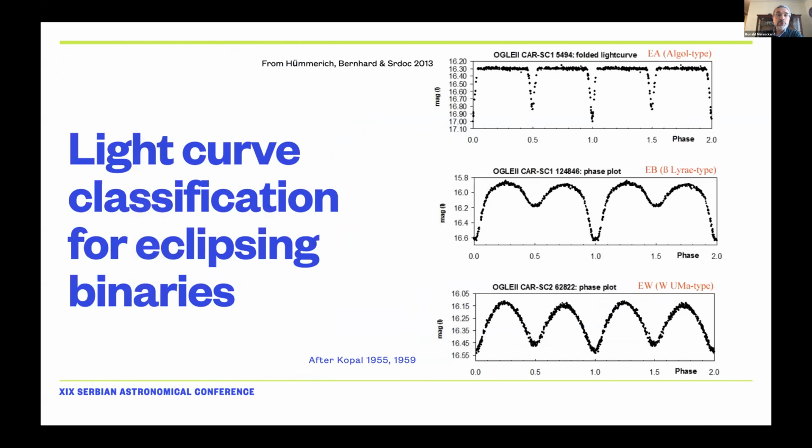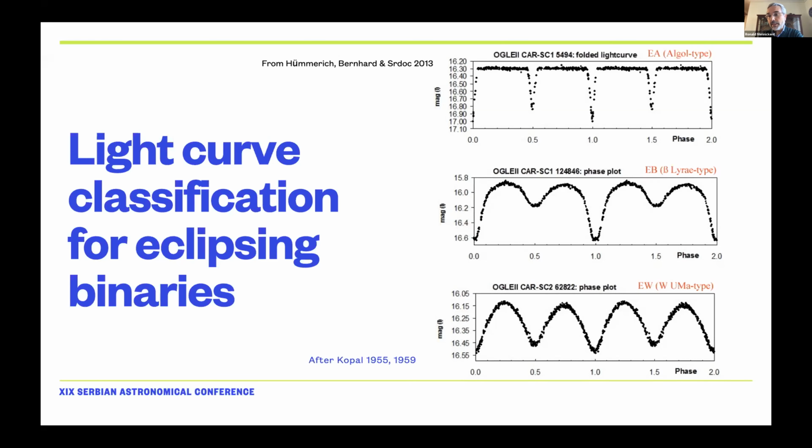Also, I would like to introduce the classification of light curves of eclipsing binaries. These light curves are usually named after some prototype system like Algol. The Algol type light curve presents a flat orbital light curve between the consecutive eclipses. The beta Lyrae type light curve presents a rounded shape of the light curve between the main and secondary eclipses.